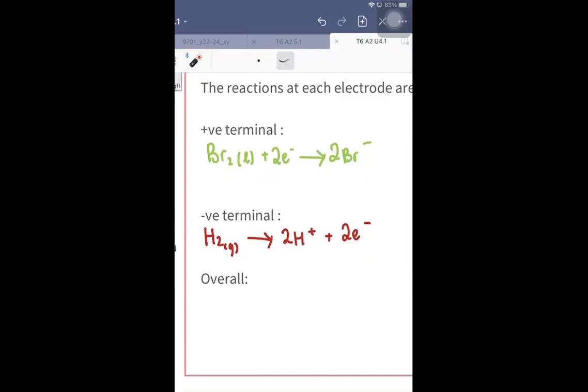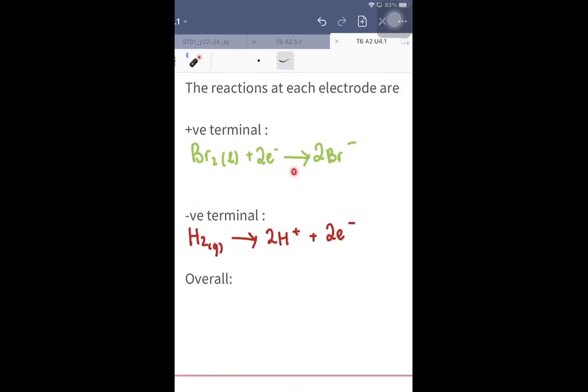Okay, now overall reaction is when you add these two equations together, but bearing in mind that the number of electrons are the same and they have to be on the opposite side in order for them to be cancelled out nicely. Okay, so we've got H2 gas plus Br2 gas, Br2 gas, not liquid.